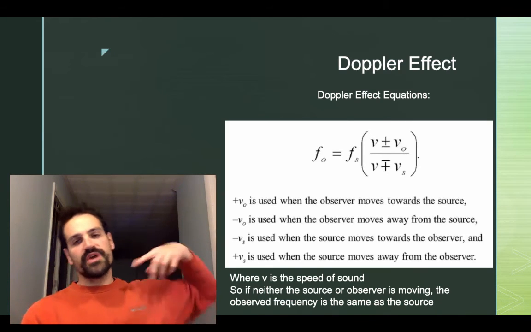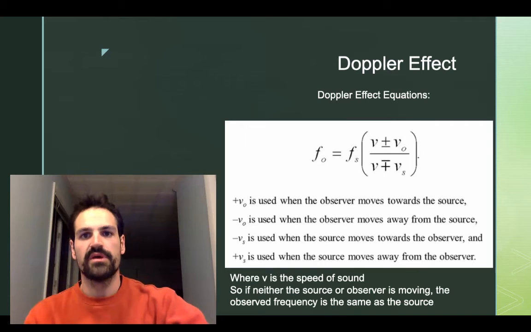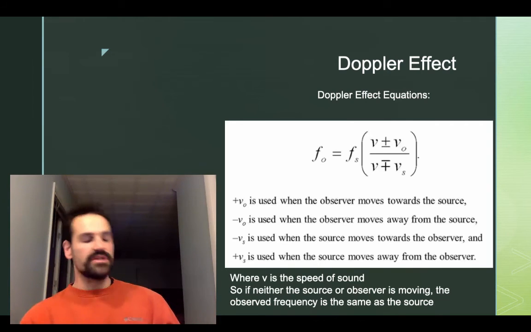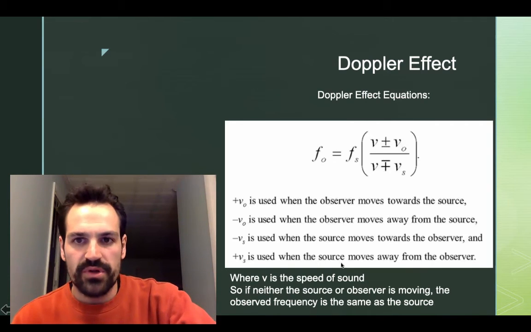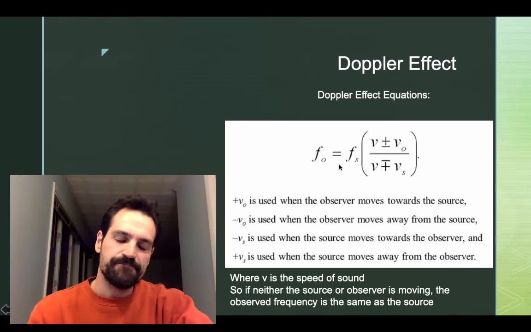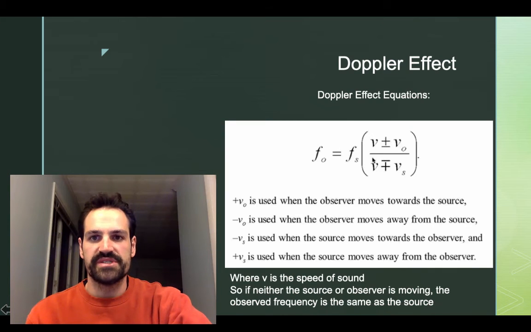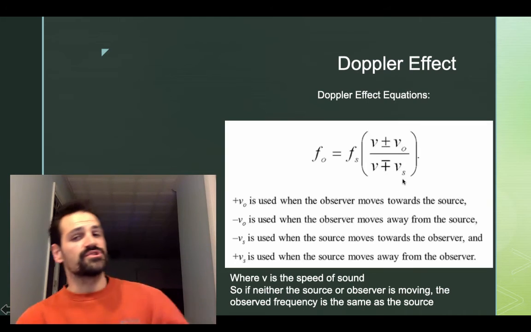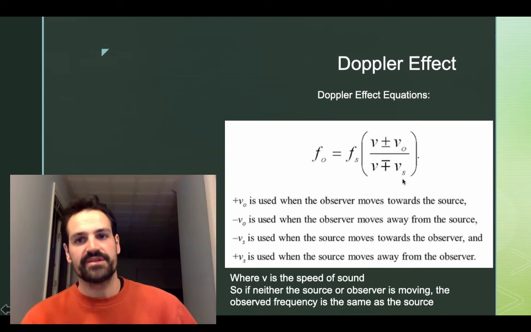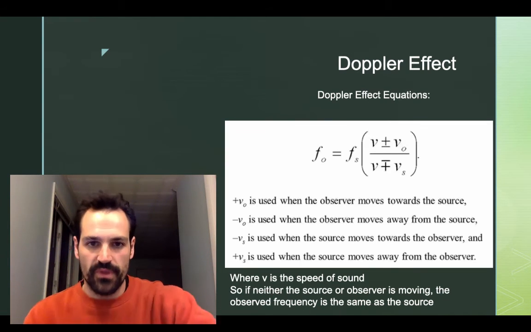As it's traveling towards me, it has a higher frequency. So if it's traveling towards me, do we need to use plus or minus? Well, that would mean a higher frequency. So we need a bigger left side of the equation, which means this denominator is going to have to be smaller. So if it's traveling toward me, I subtract the velocity of the source.